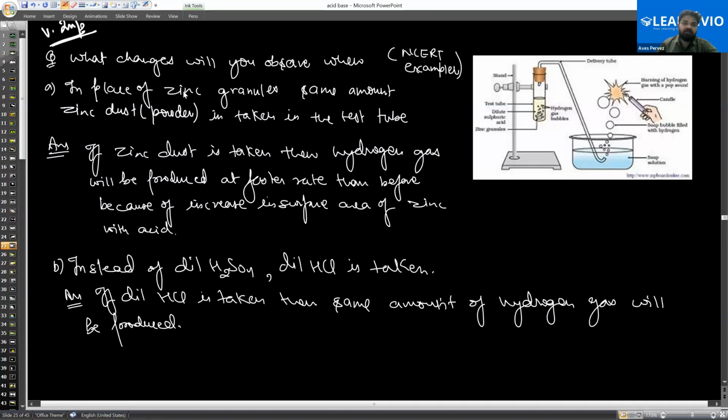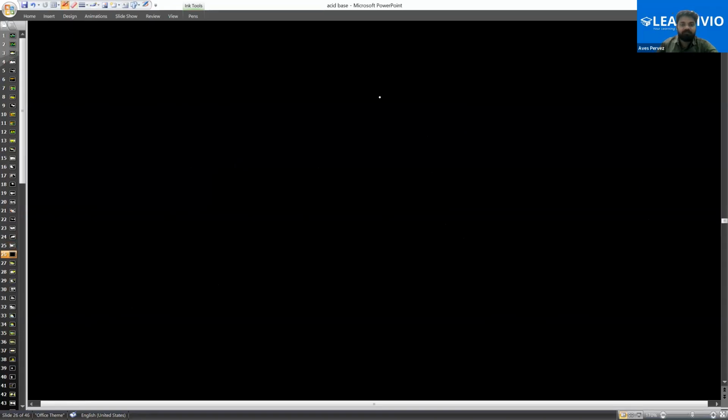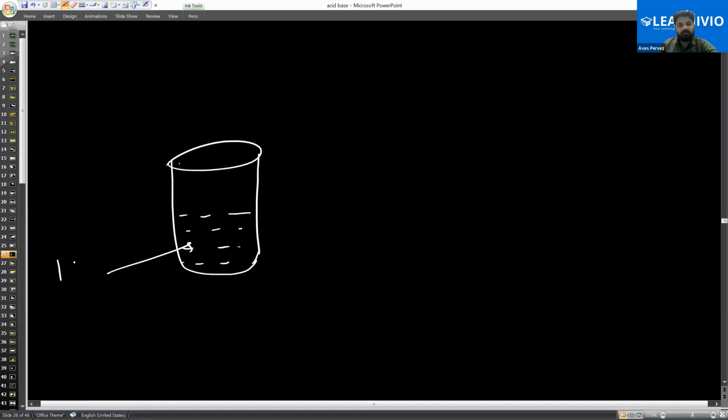What change is observed? For example, a question comes that you have a test tube with a setup like this, and it has hydrochloric acid, HCl.